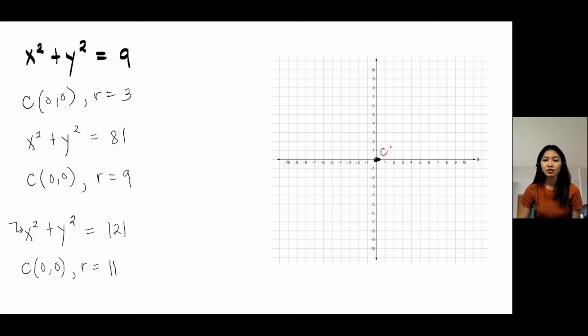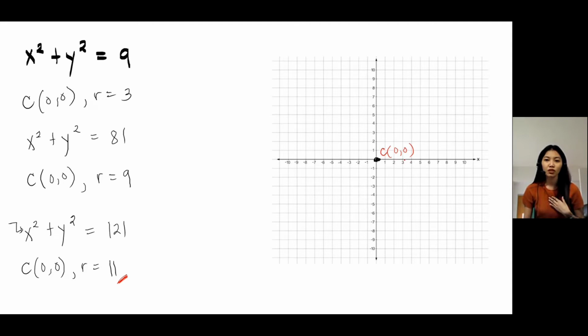Again, this is our C with coordinates of 0, 0. And how about our radius? Our radius is 11. So from the center, just simply count 11 units. Okay? To the left, to the right, upward, or downward, it's up to you. Again, from the center, count 11 units since our radius is 11.